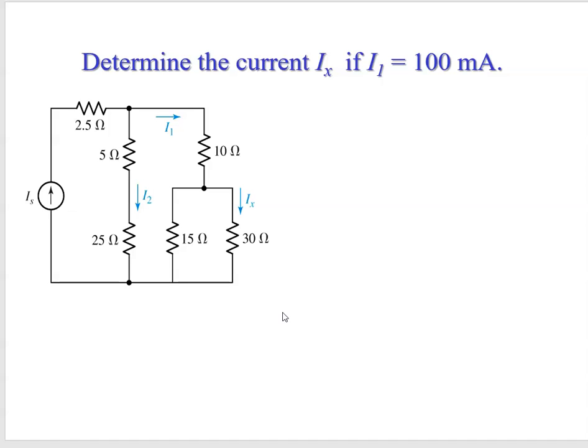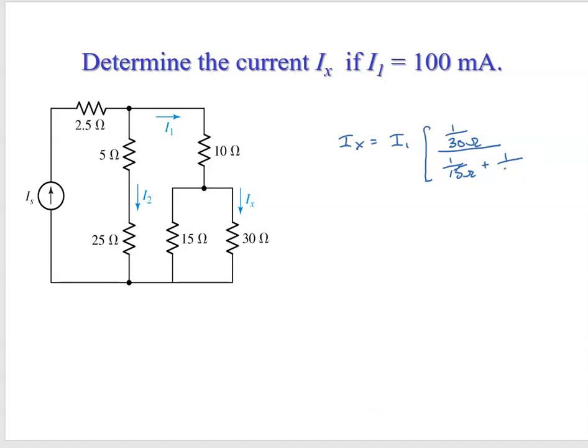But we can just do a current division if we recognize it, and we can see that IX is going to be equal to I1 times 1 over 30 ohms, because that's the current IX is flowing through, divided by 1 over 15 ohms plus 1 over 30 ohms.